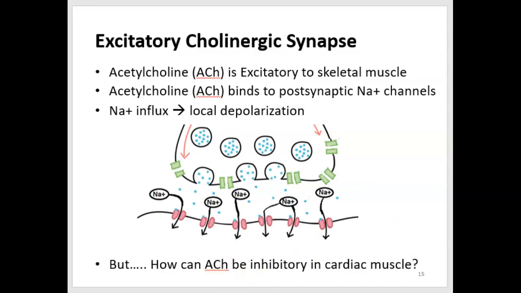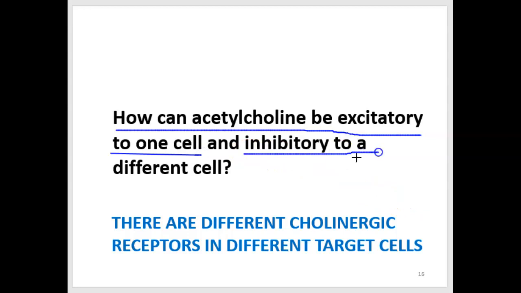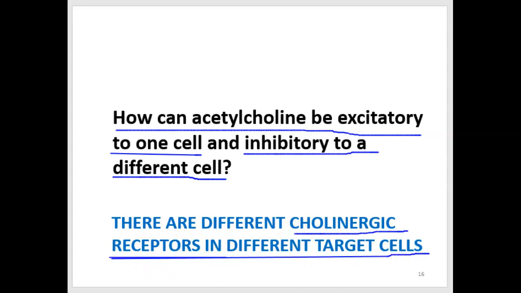But now we want to know, how can acetylcholine be excitatory in one cell, skeletal muscle, and then also inhibitory, but in a different type of target cell, the cardiac muscle cell? It's because there are different receptors for acetylcholine, different cholinergic receptors located in different target cells.